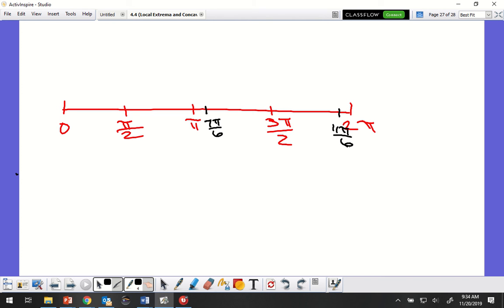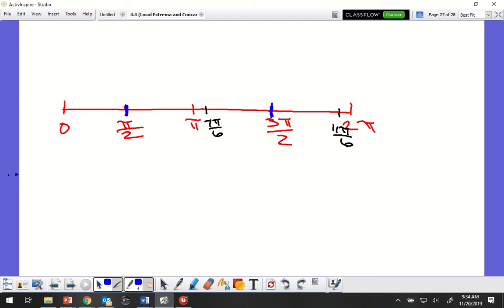Those are my critical numbers. And changing concavity, we have pi over 2 and 3 pi over 2, right here. So I've changed concavity at those points.